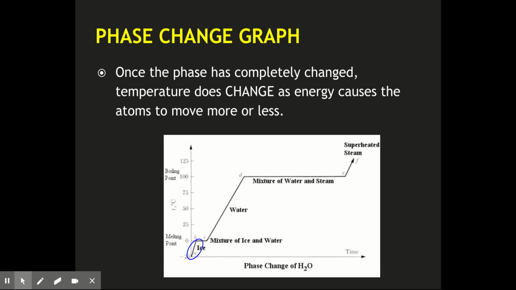And the temperature, these molecules are going to move more, right? It's all solid ice. Then the temperature is going to make the atoms move more again, and we have all liquid. And then the energy is going to make those atoms move more again, and we have all steam.